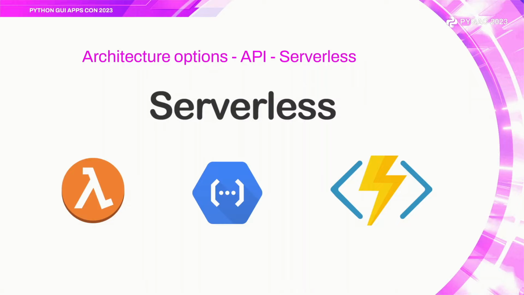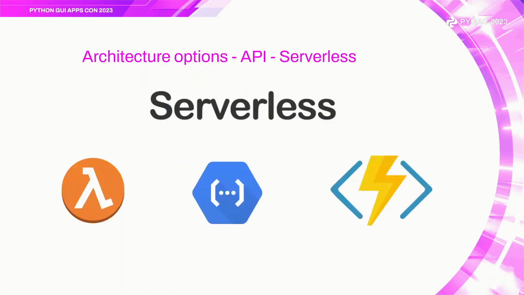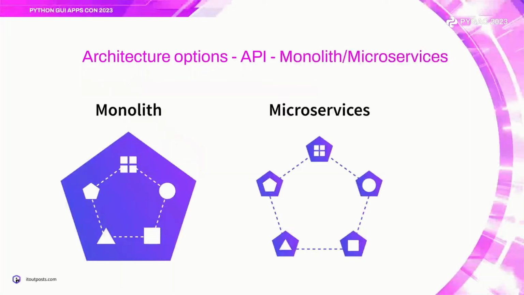And after that, just call our functions as serverless, as an API from any kind of client. And I will focus on showing AWS here, but the same functionalities work for Google Cloud as well as for Azure.